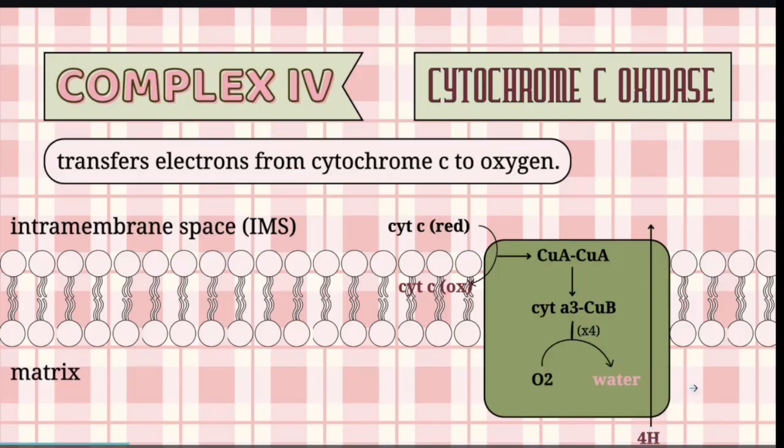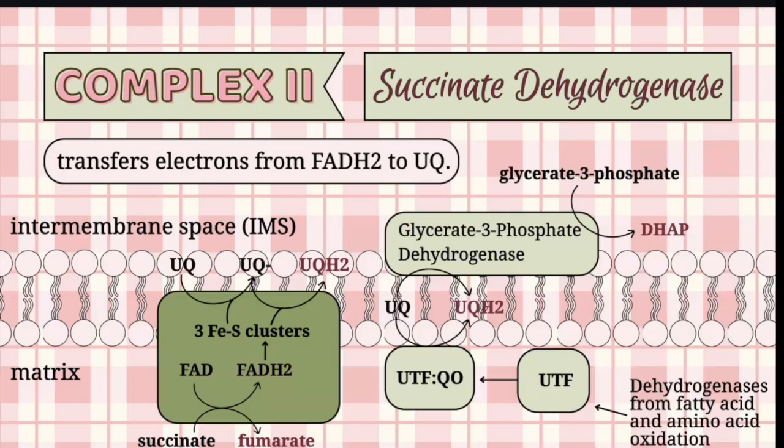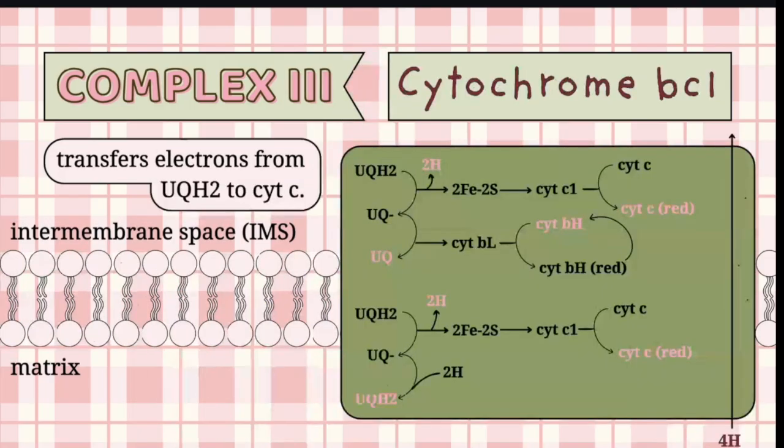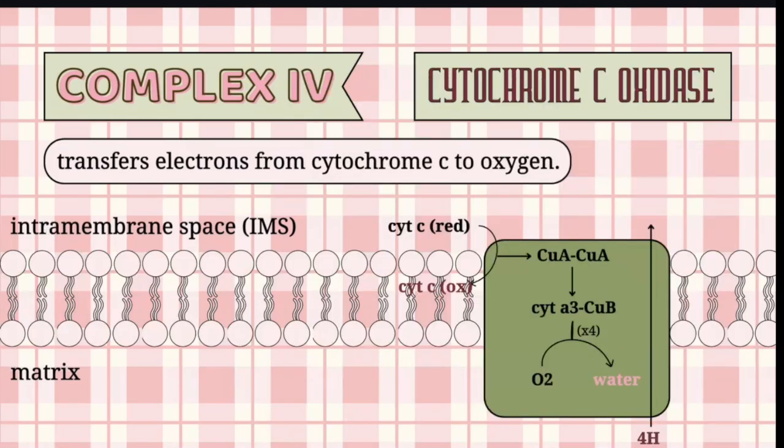But because we only have one NADH, we're gonna get only 1 Q cycle and 2 protons pumped across complex 4. So if we add them together, we're gonna get 4 plus 4 plus 2, which is 10.